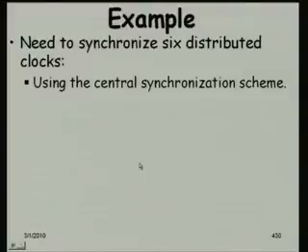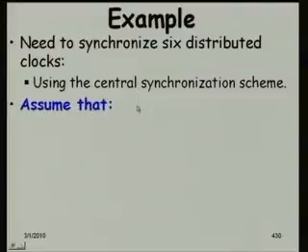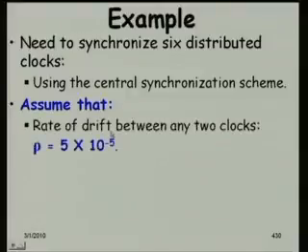Now, let us just work out an example using this simple scheme that we discussed. Suppose we have 6 clocks in a distributed system and we want to use the centralized synchronization scheme, and we can assume that the rate of drift between the master and another clock, or between any 2 clocks, is 5 into 10 to the power minus 5.